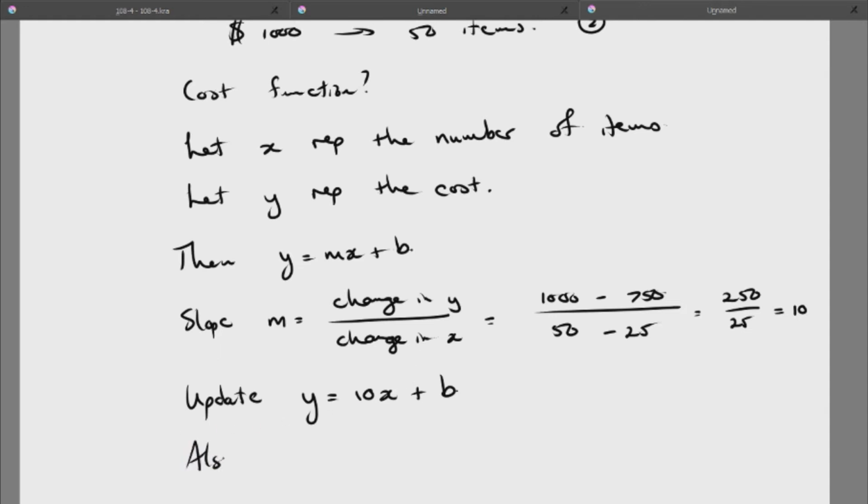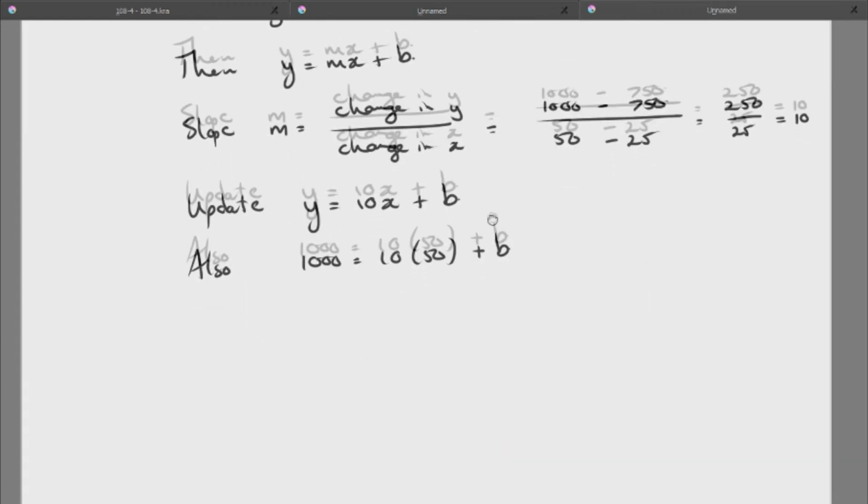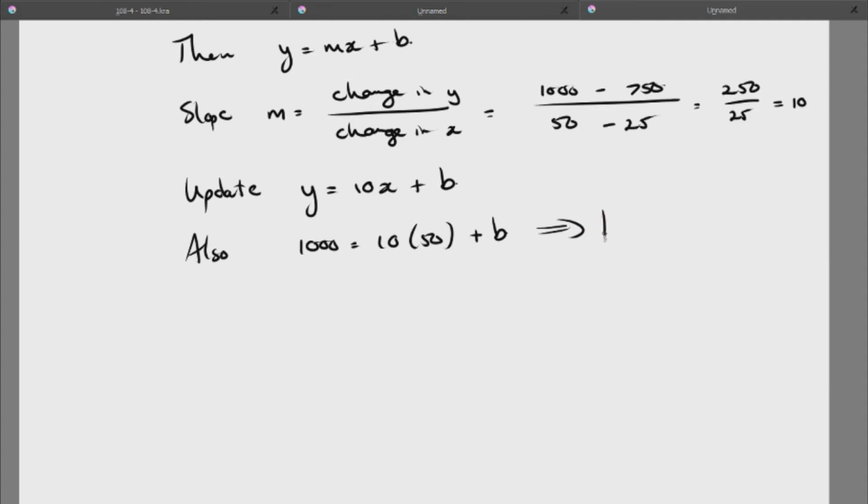So I can say here also for $1,000, x is going to be 50, and that's going to give me my b. b is going to be, well, that's 500, so 500. And so my cost function is y equals 10x plus 500.